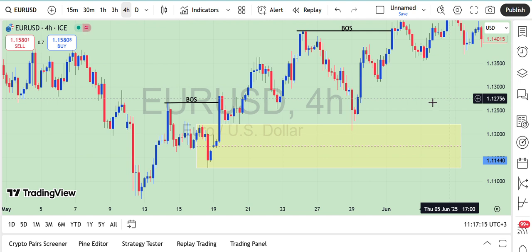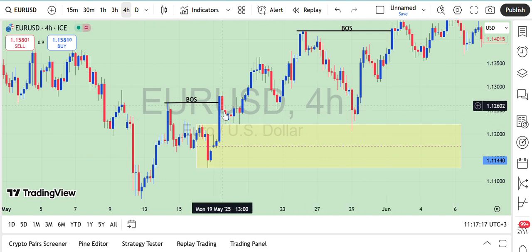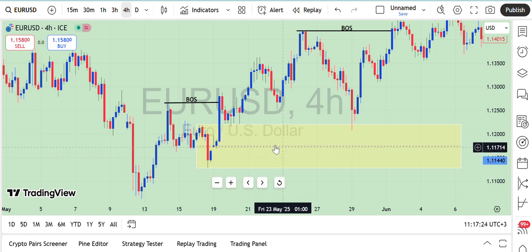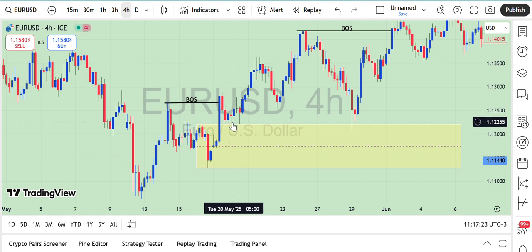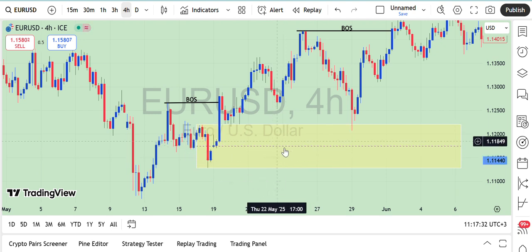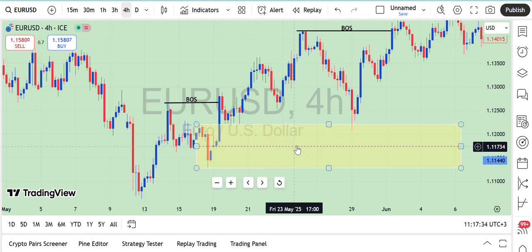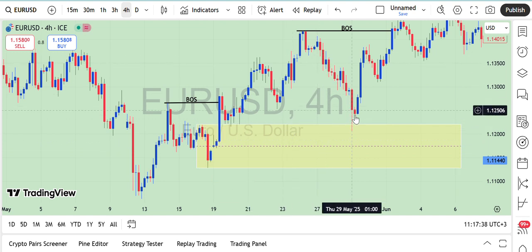As you can see, this pullback here is not a complete pullback. That's why this point of interest is still valid. It was mitigated with an invalid pullback. So that's why this point of interest is still very valid, and why the market came back and reacted from this zone.